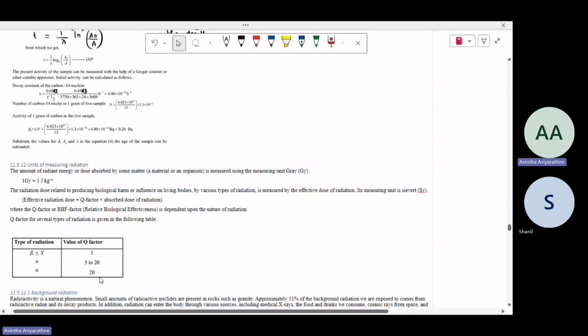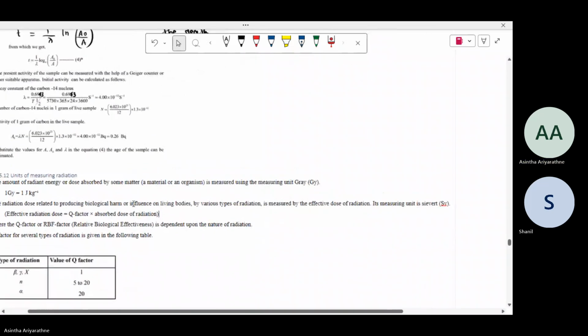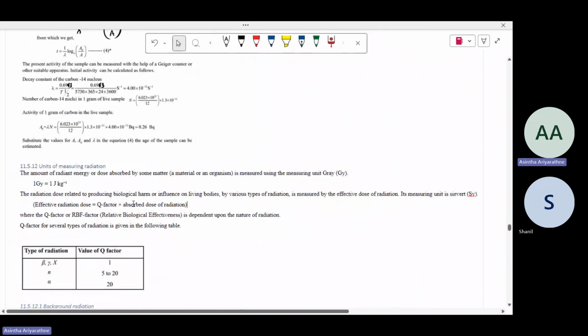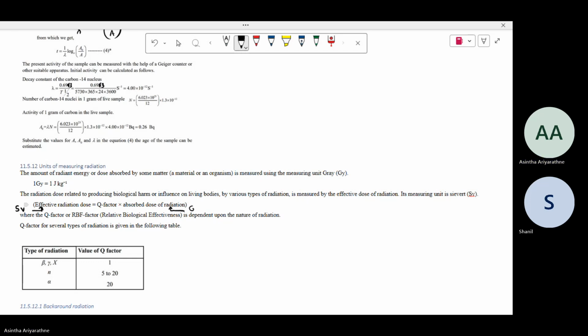So the effective radiation dose is measured in sieverts, Sv. The absorbed radiation dose is in gray, Gy.